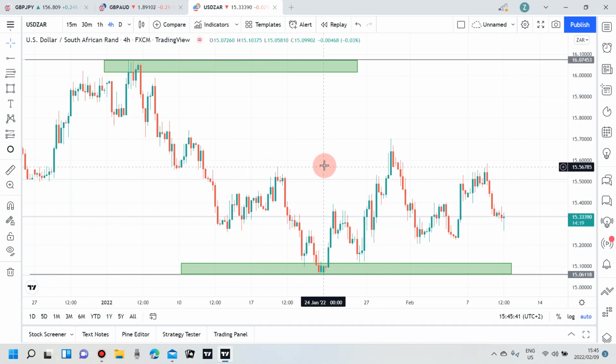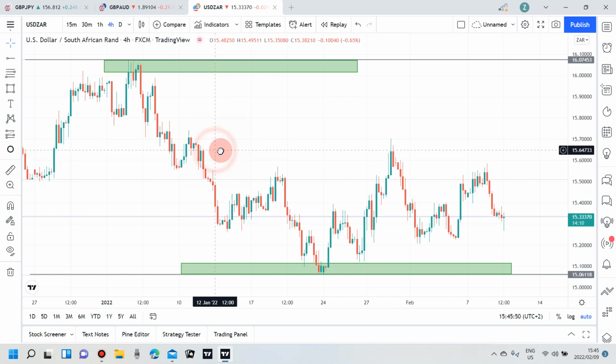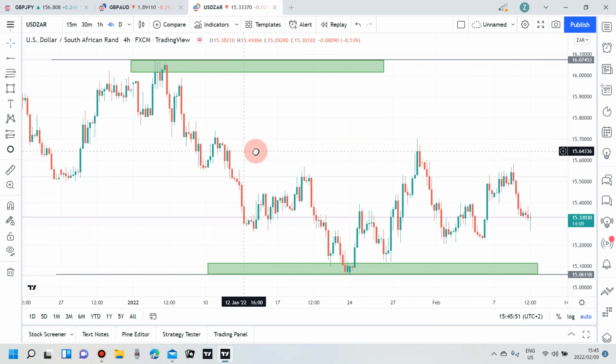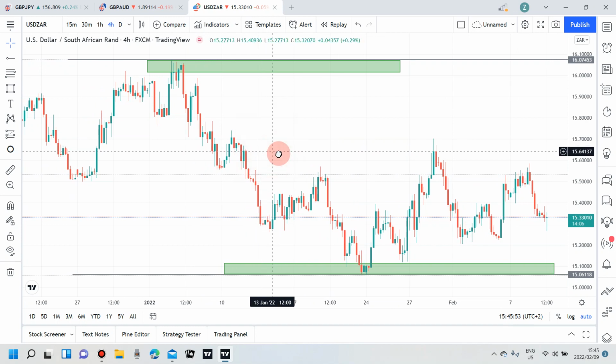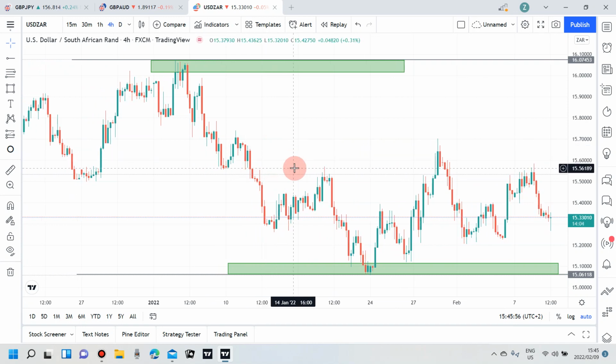And how will I set my key levels? In order to set key levels, you will need to see where the market reverses the most. So you will at least find 3 places where the market reverses.